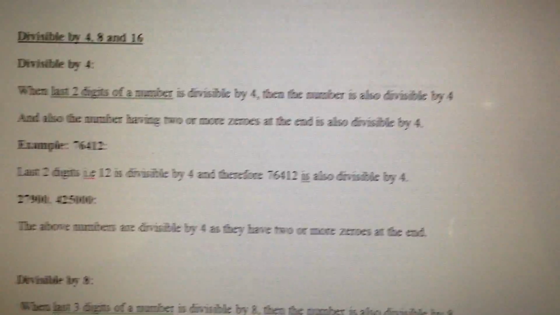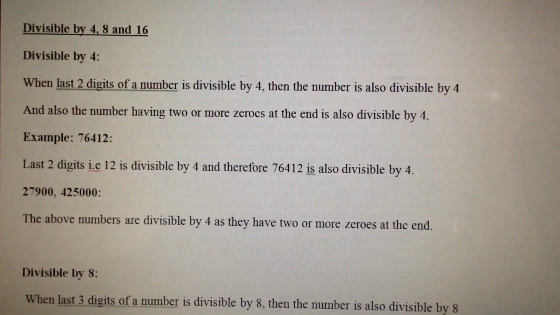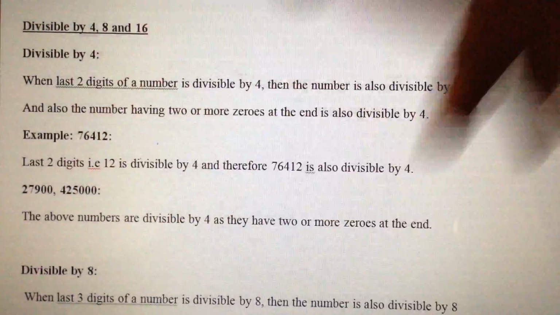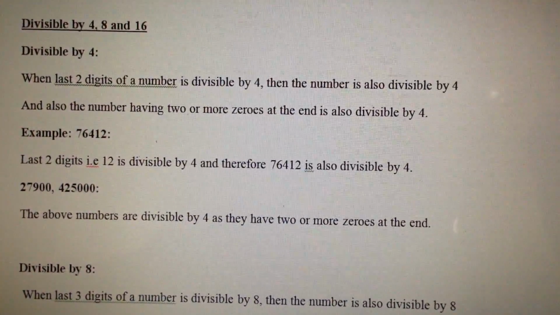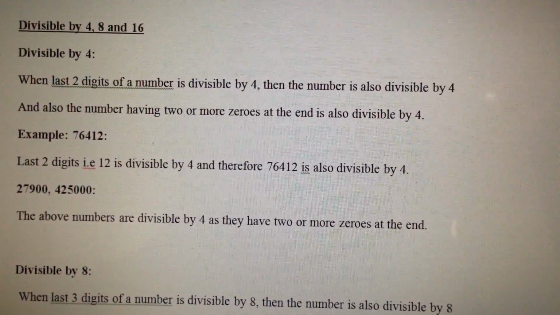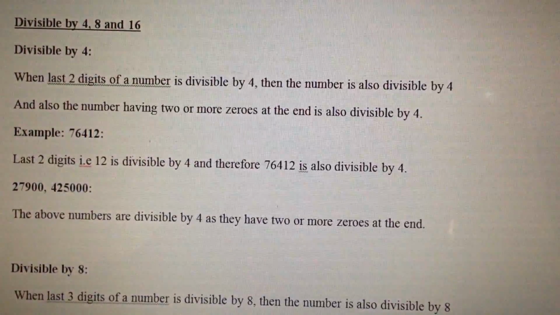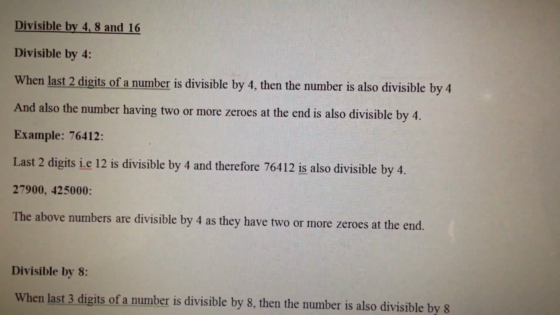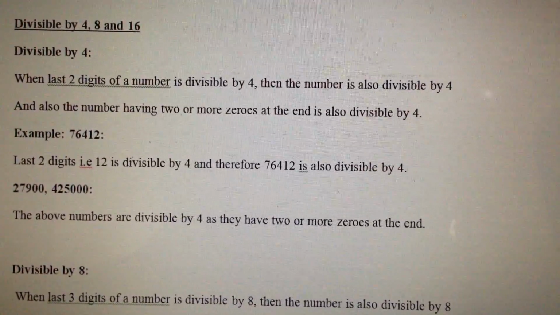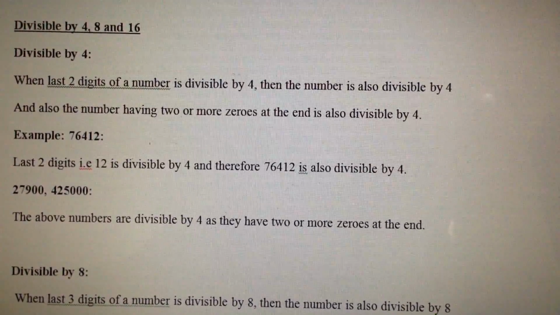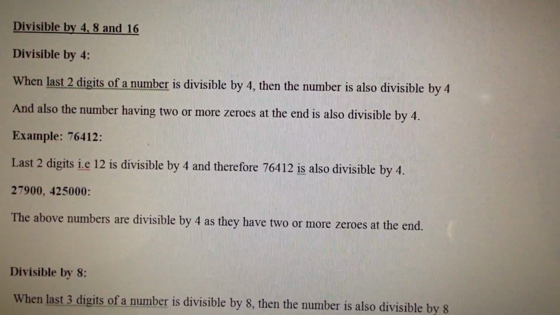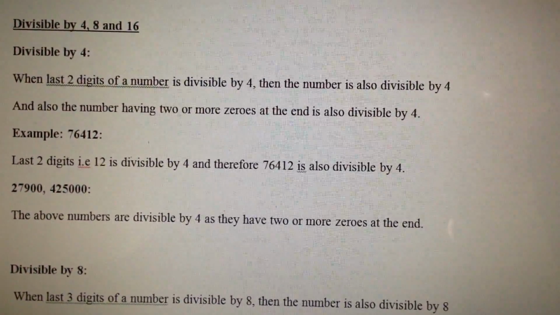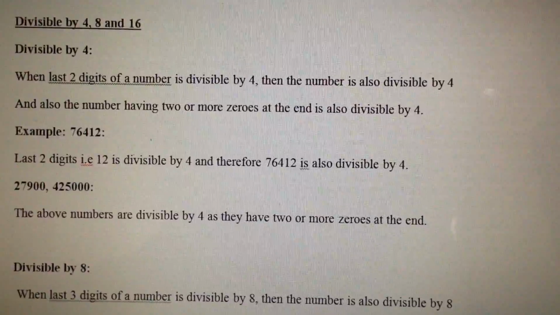Let us see an example. 76,412. Any number you can take. I am taking 76,412. Last two digits, that is 12. We know that 12 is divisible by 4. Therefore, the entire number is also divisible by 4. Again, let us take one more number, 27,900 or 4,25,000, whatever.